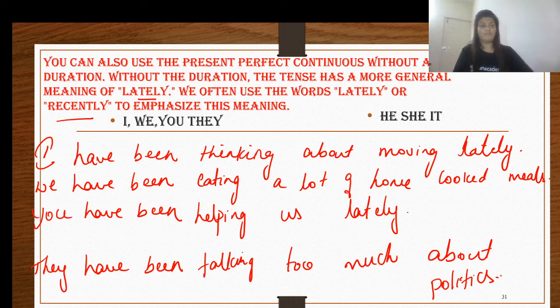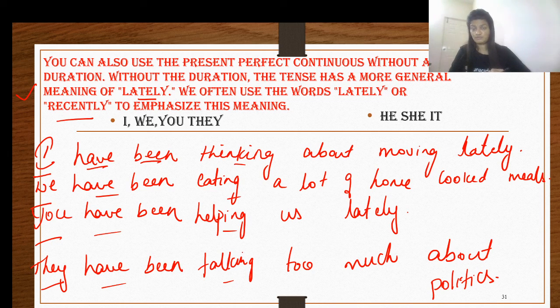So the subject here is I, we, you, and they. That's why we have used have been, and the ing verb. Let us analyze if the definition that I gave holds correct. I have been thinking about moving lately. What did I say? The second usage is when we refer to the actions that we've been doing only recently and not way back in the past.